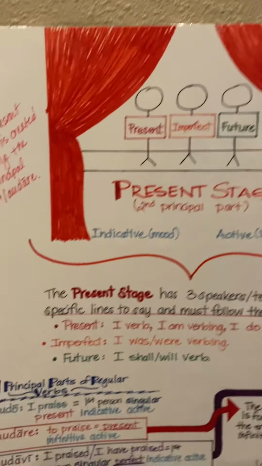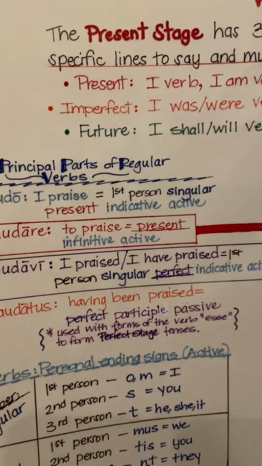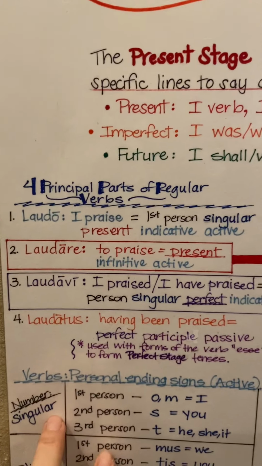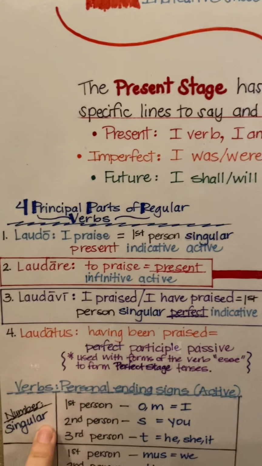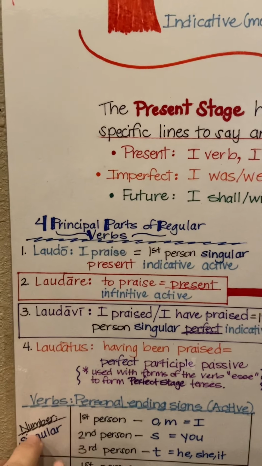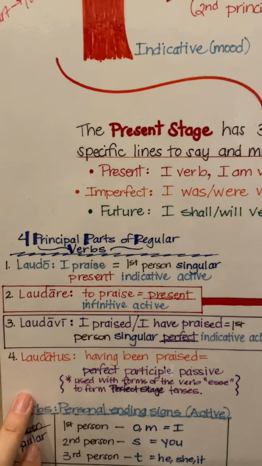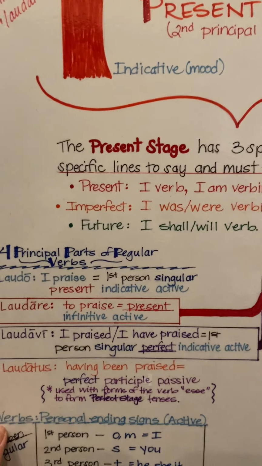Well, in Latin, there are generally 4 principal parts of a verb. Now, that's of regular verbs. There are other verbs that will only have 3 principal parts, but for this purpose, I'm just going to explain the 4, and then I'll show you how you can determine where there is a difference in principal parts.